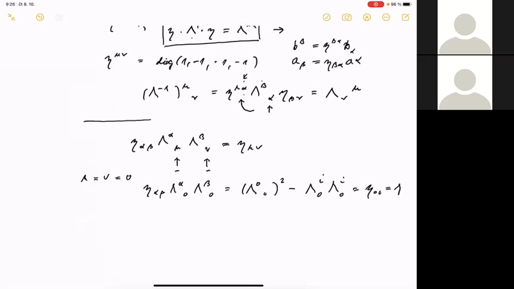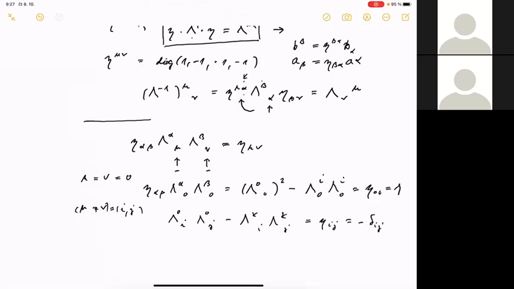Analogously, if we take both the indices μ and ν as space indices i, j, we get similarly Λ^0_i Λ^0_j, where i is the column index, corresponds to the first term of this sum over upper indices, minus Λ^k_i Λ^k_j, where summation over k is assumed, and on the right hand side we get η_ij, and according to the definition of this metric, this is nothing else but minus δ_ij.